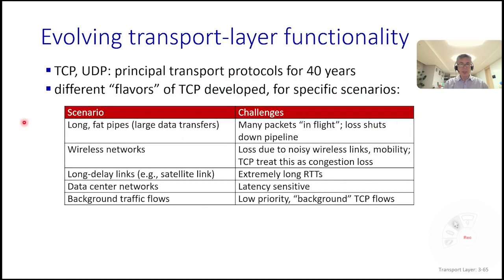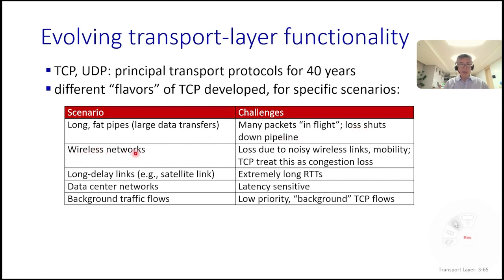Different flavors of TCP were developed for specific scenarios. For example, in the long, fat pipe scenario, large data transfers happen. The challenge is that many packets are in flight, and loss shuts down the pipeline. Okay, loss is a critical one.